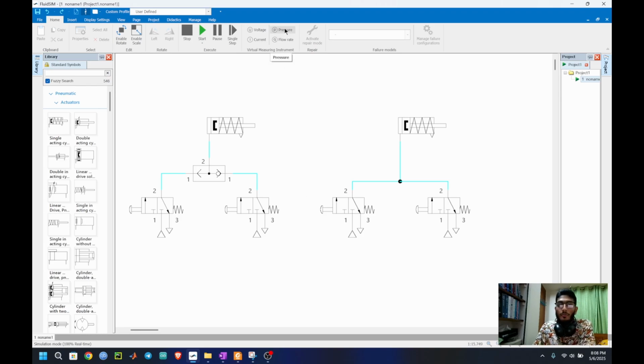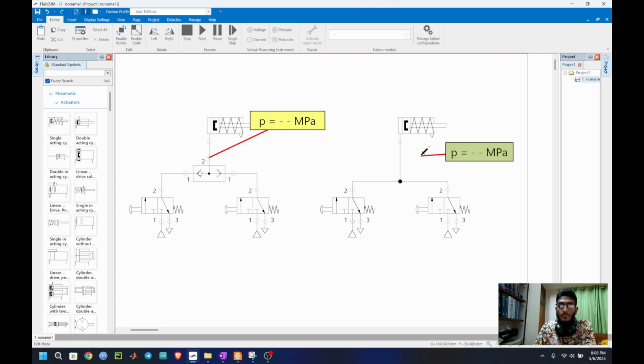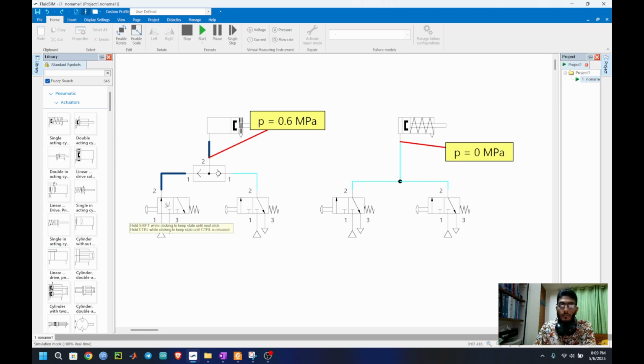Let me show you another way. Here I am taking a pressure measurement. Okay, for the shuttle valve, you can see 0.6 megapascal.